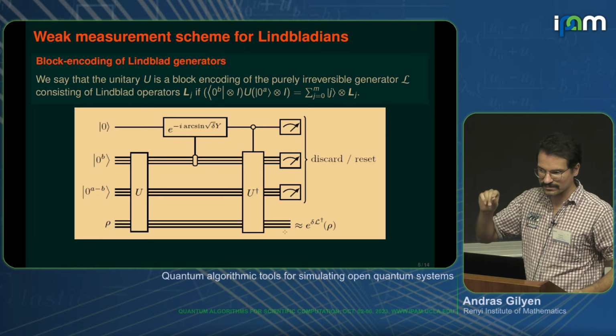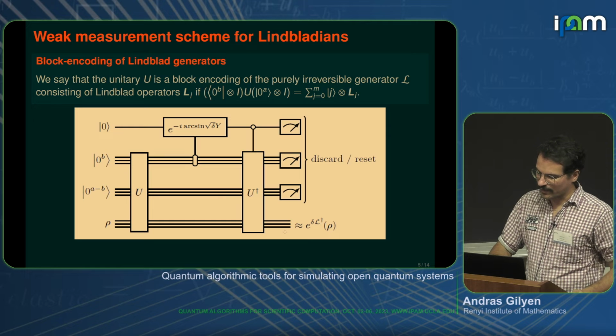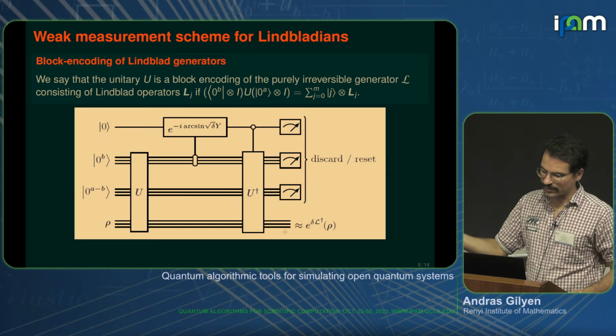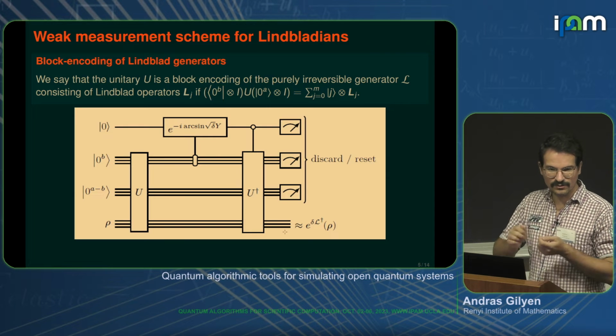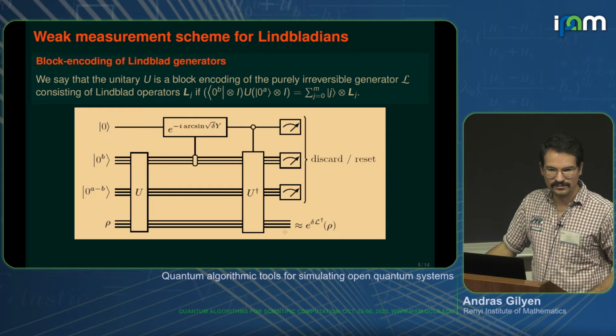The same thing happens that you still approximate your time evolution with delta time step with delta square precision. So the two errors don't interfere badly with each other.